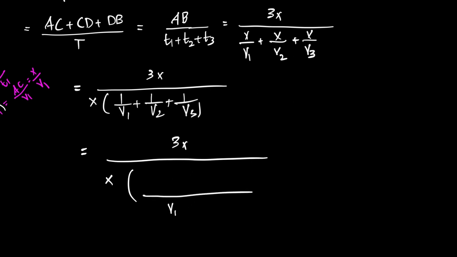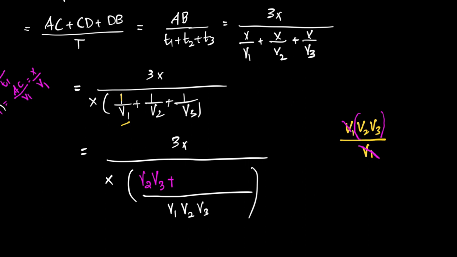Now what will be the LCM here? The LCM would be v1 v2 v3, right? What would be the first numerator? When you divide v1 v2 v3 by the denominator, that is v1, v1 and v1 will cancel off. So now you will multiply the numerator with v2 v3.